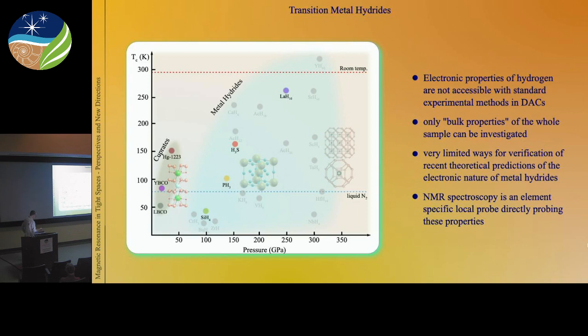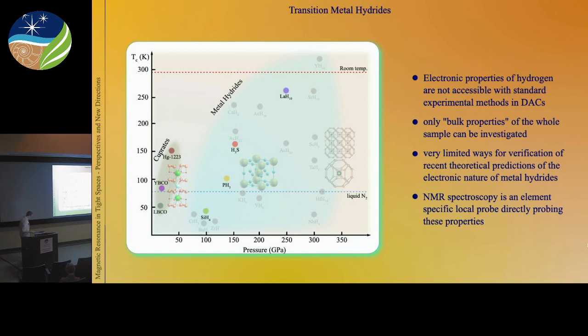But that doesn't mean that the experiments are easy. The problem is that we can only probe TC at the moment by resistivity measurements, worst case a 2-point probe, or in the best case a 4-point probe.